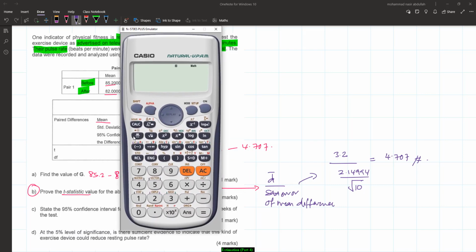Kita ambil calculator tengok. So this one should be 3.2 divided by 2.14994 divided by square root of 10, should be 4.707 lah, right?